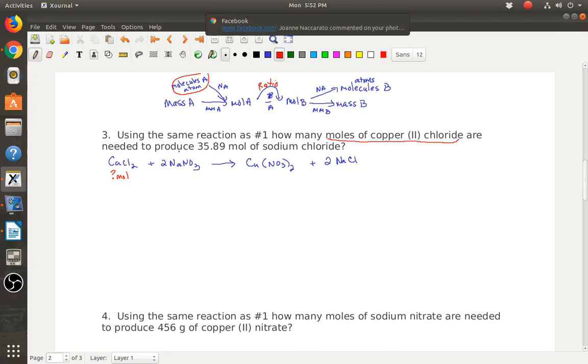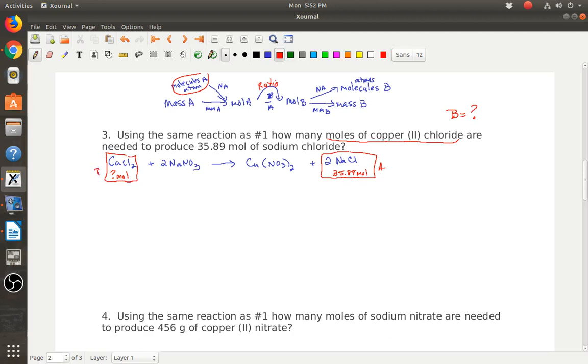Are needed to produce 35.89 moles of sodium chloride. Again, you need the unit to know where to begin. This is molecule A because molecule B is the question molecule. This is molecule B. So where are we starting this time? We have moles of A right here.